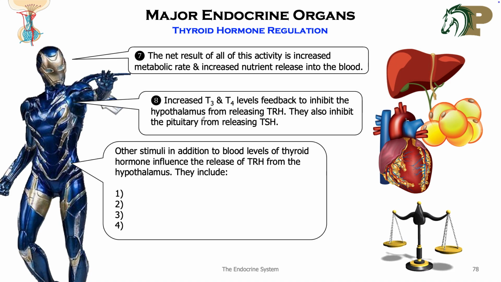Other stimuli, in addition to the blood levels of thyroid hormone, will influence the release of TRH from the hypothalamus, and these include cold weather, pregnancy, high altitude, and hypoglycemia. Let's go through each one of these and talk about the effect that all of these have on the release of TRH from the hypothalamus.